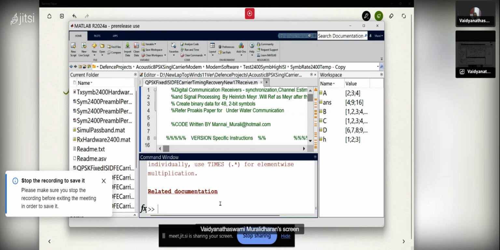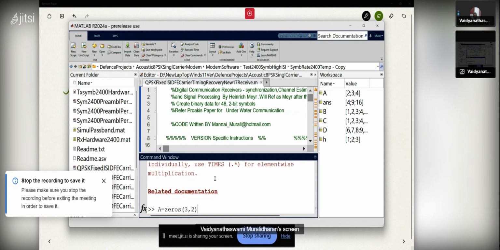Another useful command in MATLAB is we can initialize any matrix with zeros actually. For example, A equal to zeros 3 comma 2.